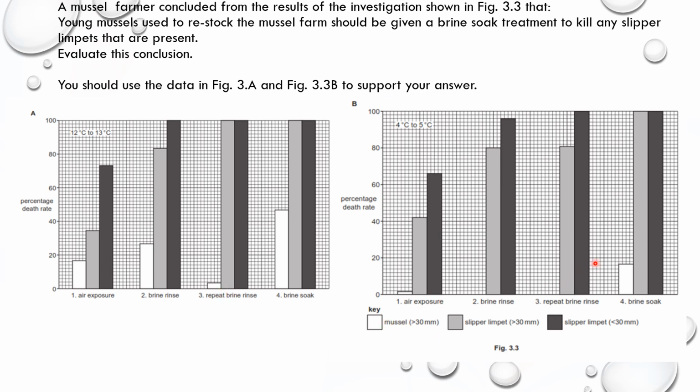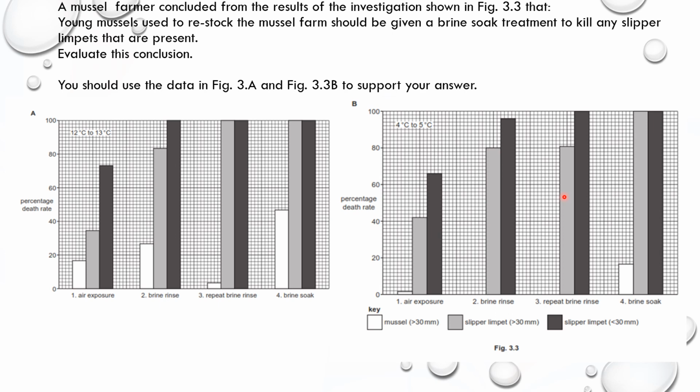And also if you check here, for this temperature it kills none. Can you see no mussels killed using 3 repeat brine rinses at 4 degrees Celsius to 5 degrees? So this could be the best because our mussels are not being killed.